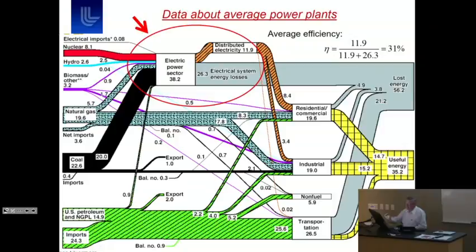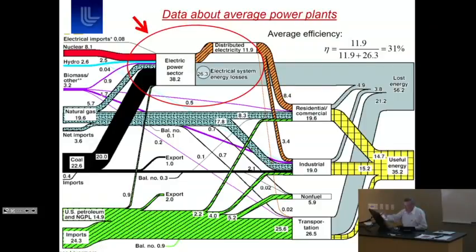Secondly, you will notice that we have a fraction, 11.9 quadrillion BTUs, that's actually produced as electricity, and you have a fraction of heat losses that is 26.3. Sorry, the total electric power sector burns 38.2 quadrillion BTU.